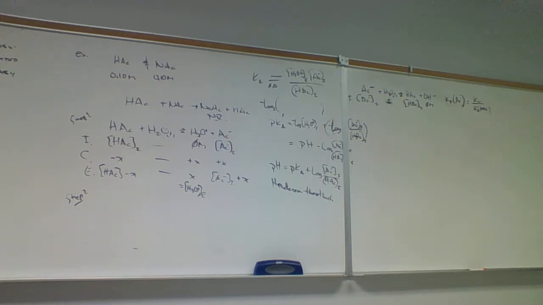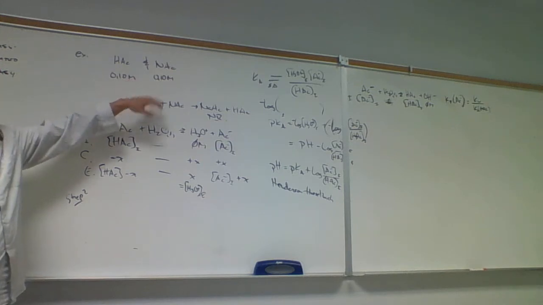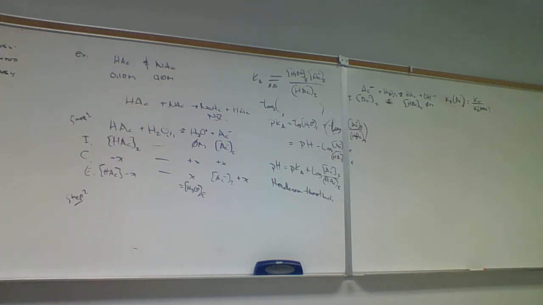And that's usually a reasonable assumption as long as I have decent or fair concentrations initially. If I had very, very small concentrations initially, then I've got to worry about the simplifying assumption not being valid. But for buffers, we need significant concentrations. Otherwise, you're making an overly dilute buffer.